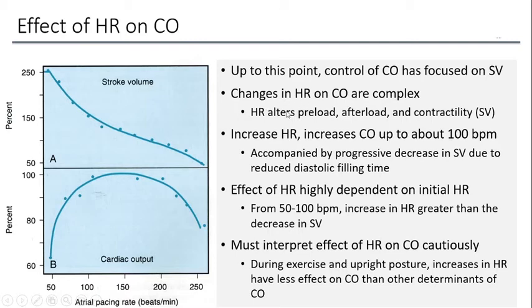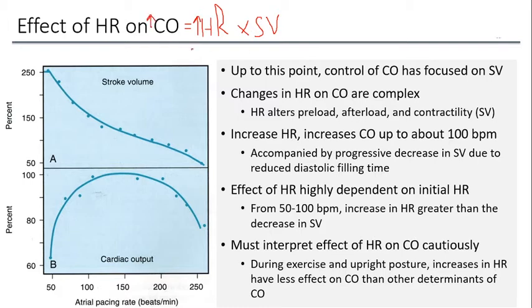Now, the reason why the effects of heart rate on cardiac output are so complex is because, looking at the formula here, this is heart rate times stroke volume, right? And so you could just assume based on the formula that, okay, if we increase heart rate, we're going to see an increase in cardiac output.